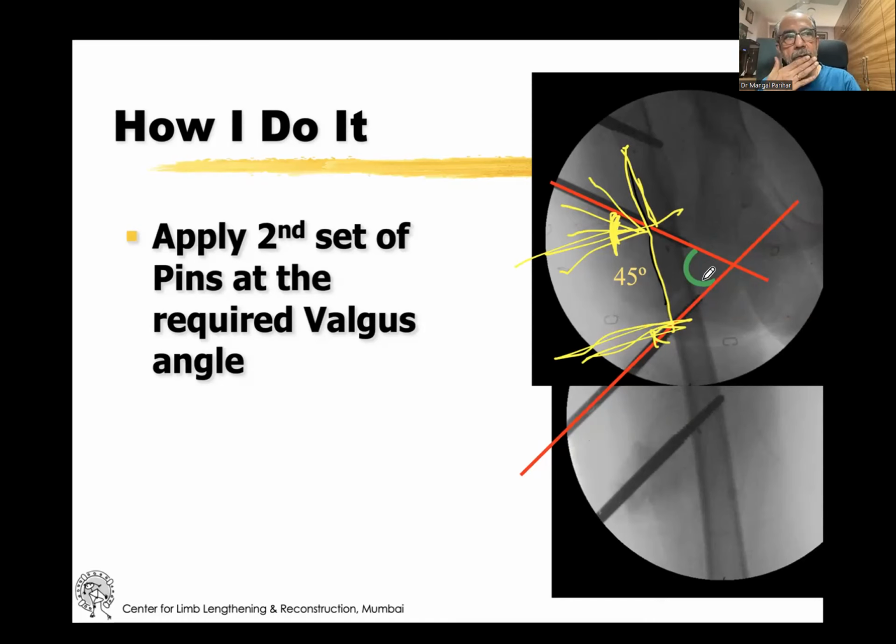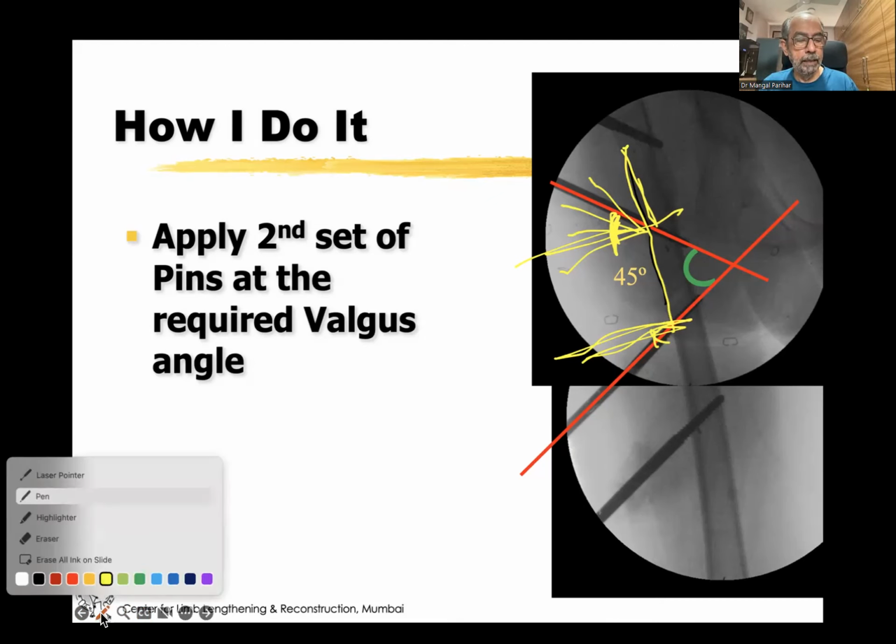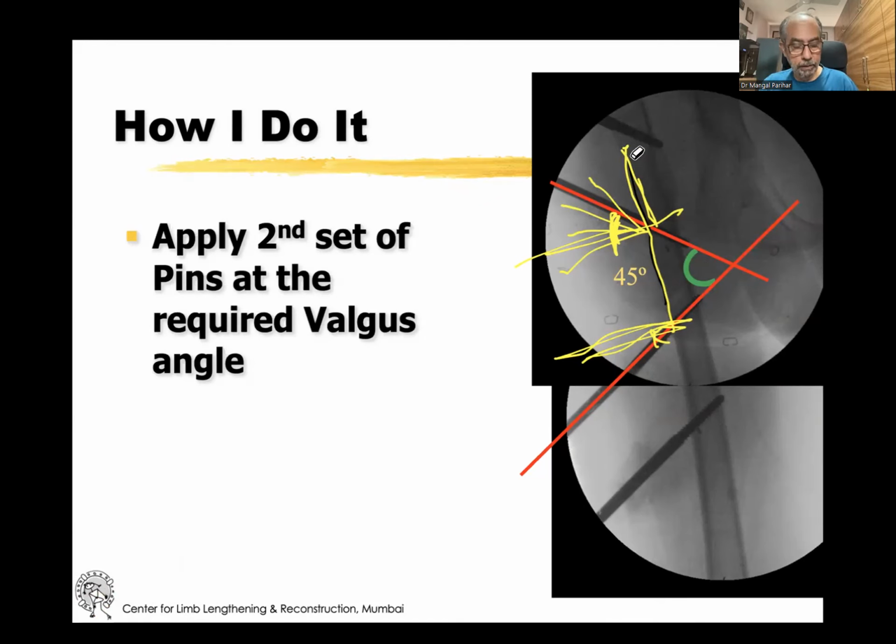Or if you know that 40 degrees is what I want, you can create a paper or an aluminium cutout of that appropriate angle, place it below this pin, and then put the second pin, right?